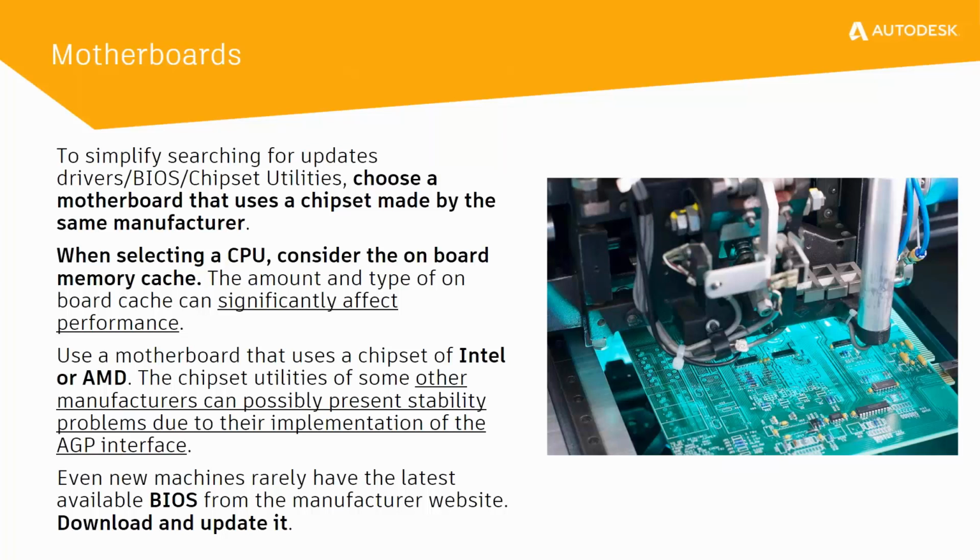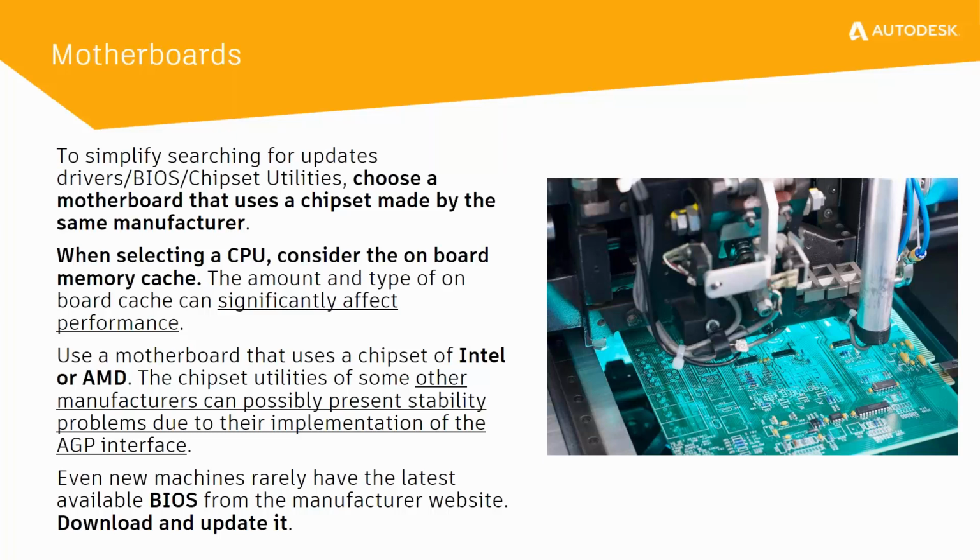When it comes to motherboards, some general information here. Try to choose a motherboard that uses a chipset made by the same manufacturer. When selecting a CPU, consider that the onboard memory cache is going to potentially impact the performance, and that comes down to the amount and the type of onboard cache that's available. Use a motherboard that uses the same chipset as the CPU that you're using.